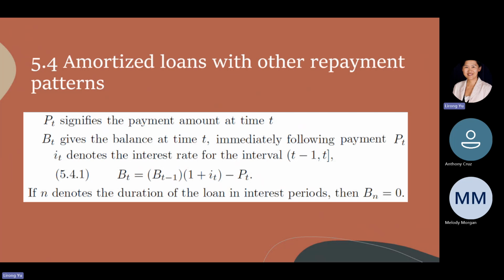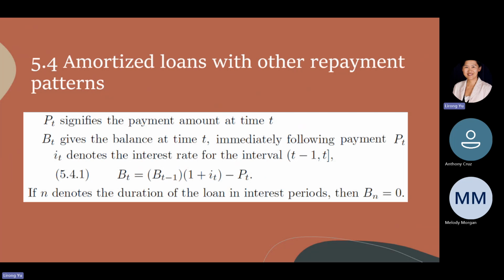BT is the balance at time t immediately after the payment PT. Assuming you did pay the payment at that time, right after that payment, what's your balance? IT denotes the interest rate for the interval t minus 1 to t, consistent with the interest notation in chapter 1.